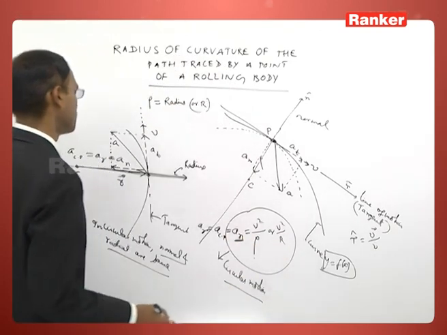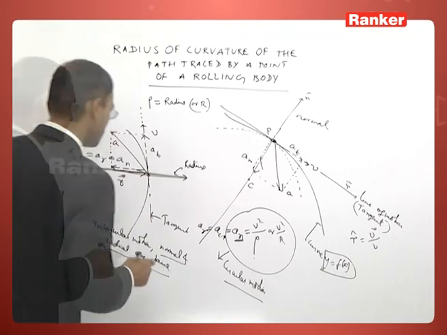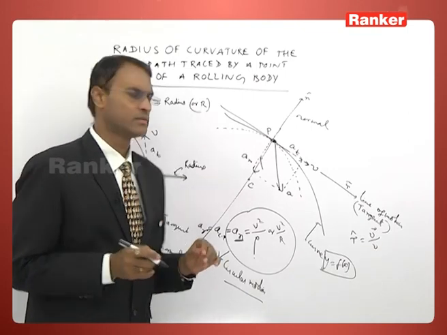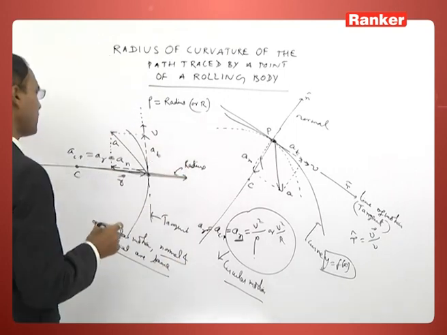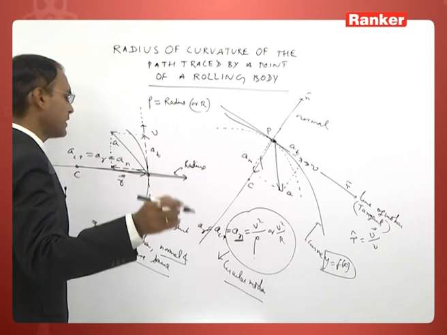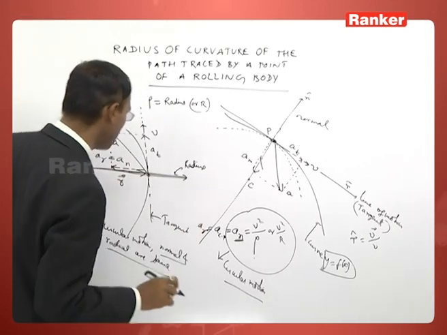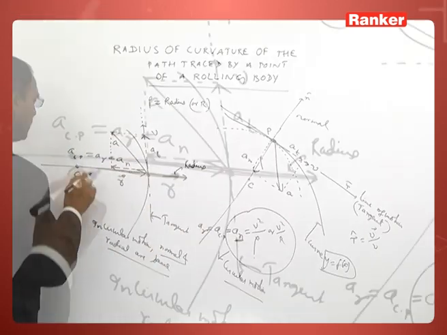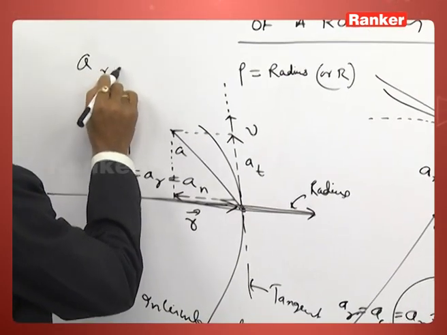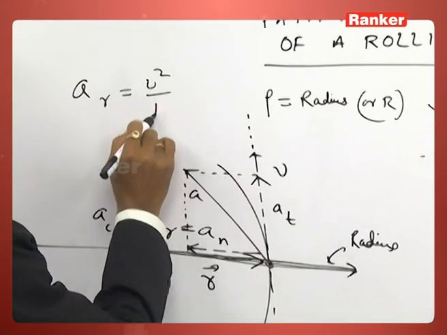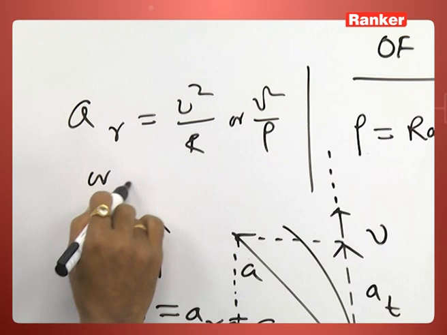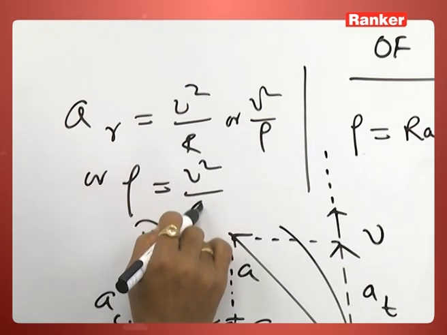So, if we know the velocity and know the acceleration normal to the velocity vector, that is the radial or centripetal acceleration or normal acceleration, then you can write this formula: a_r is equal to v square by r or v square by rho, or rho is equal to v square by a_r.